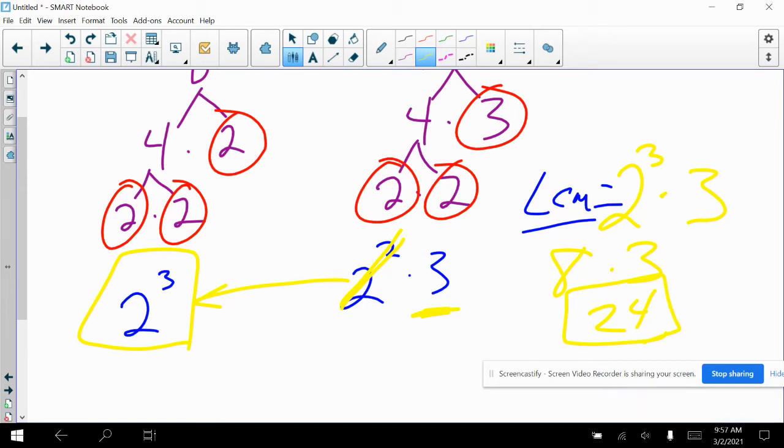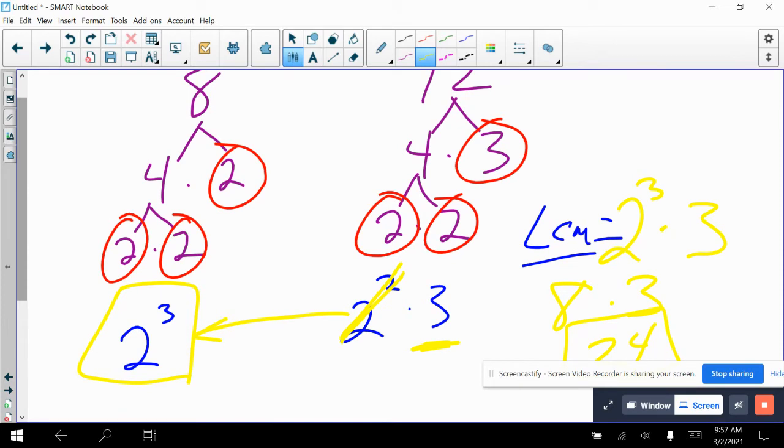So the smallest multiple that 12 and 8 can divide into evenly is 24. Does that make sense? You're not finding factors like the greatest common factor. You're finding the smallest multiple that those two numbers can go into. Okay?